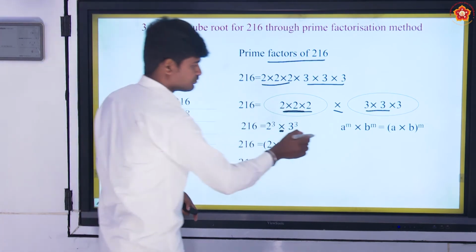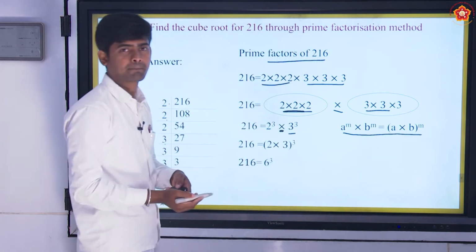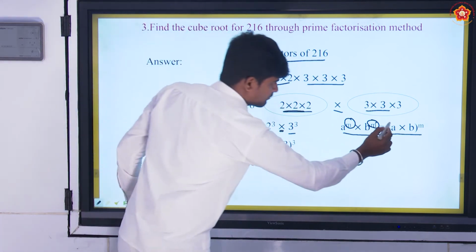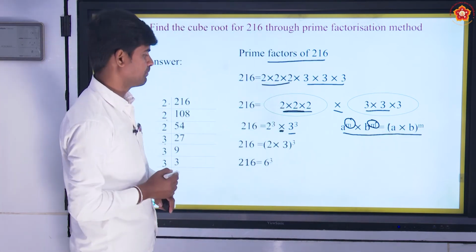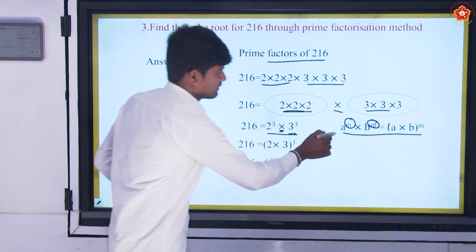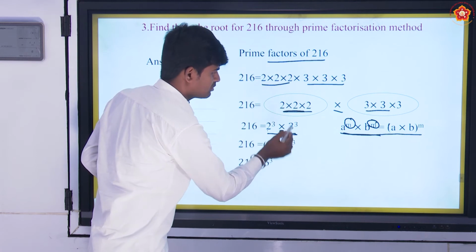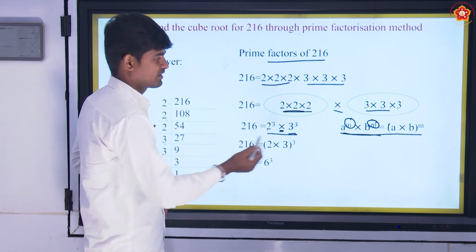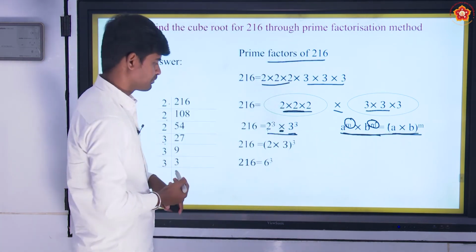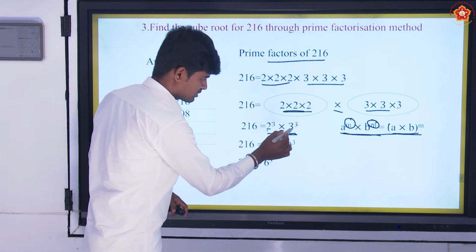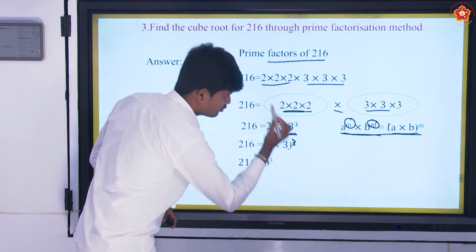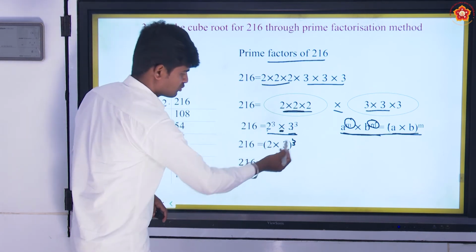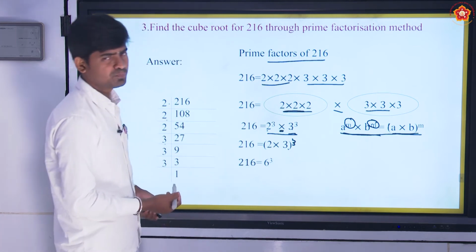Next, we know the exponential law: when the powers are the same, we can write it in the form of a into b whole power m. Here 2 cube into 3 cube has the same exponents, so 216 is equal to 2 into 3 whole cube. 2 into 3 is 6, so 216 is equal to 6 cube.